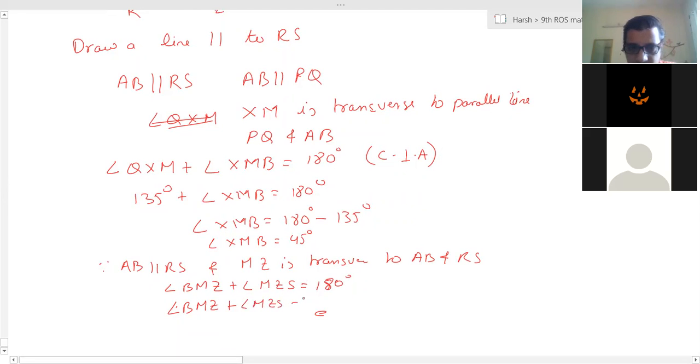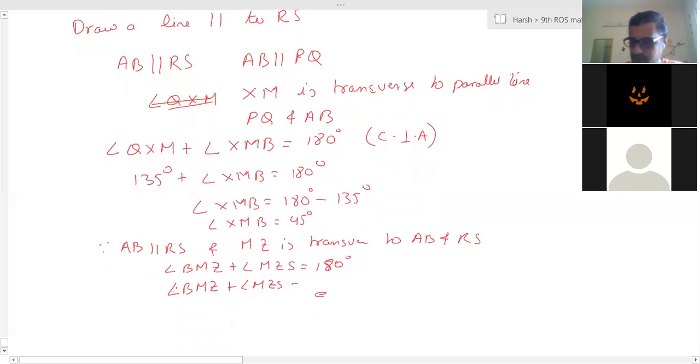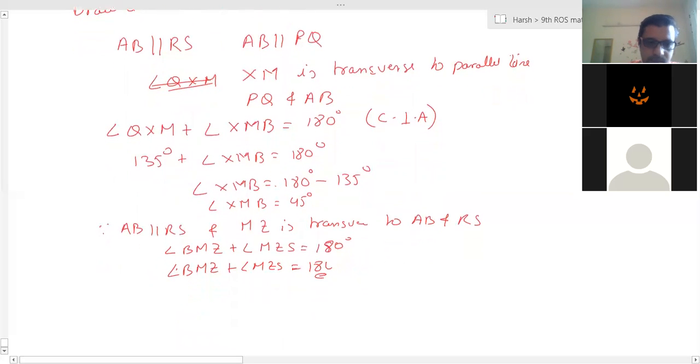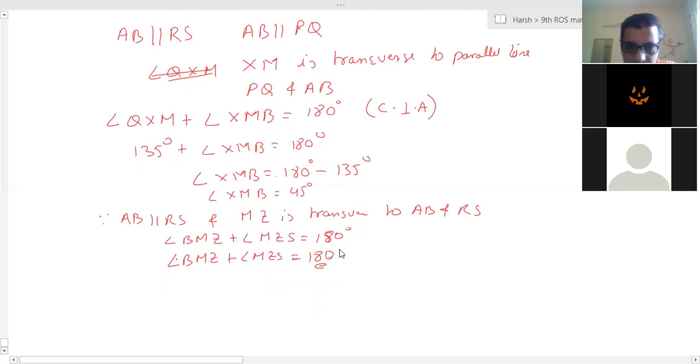MZS plus MZR equals 180 degrees, collinear pair. So you can find the value of MZS.